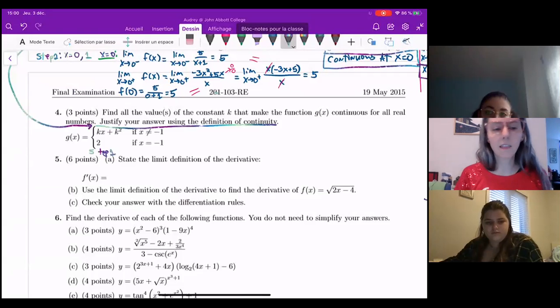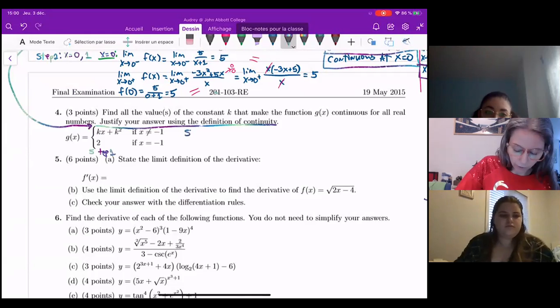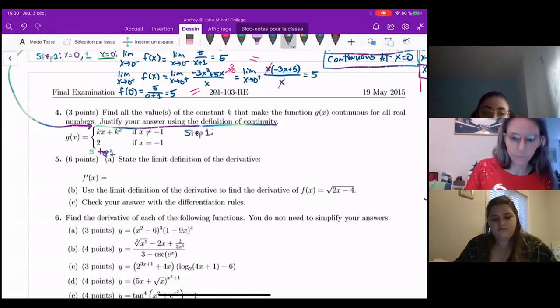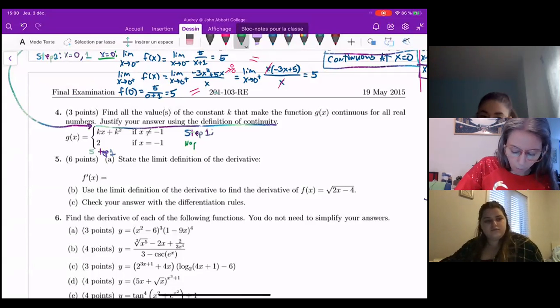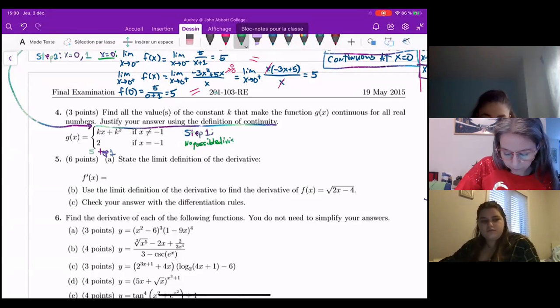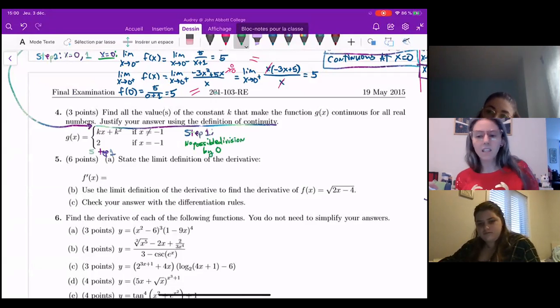Is there anything that might cause division by 0 in either of those functions? Good. So here we'll just say no possible division by 0, which means that I don't have anything to worry about.